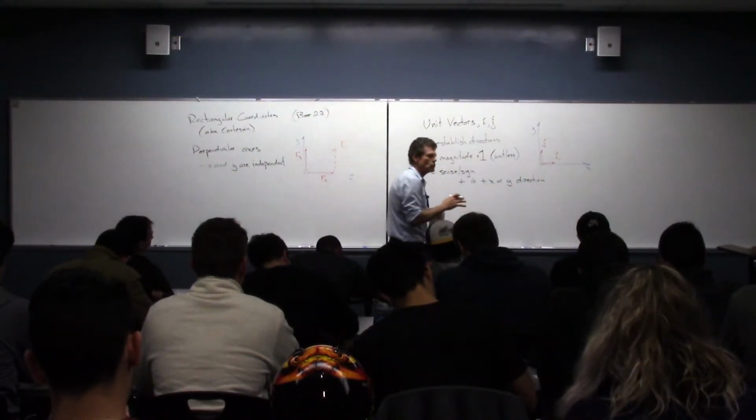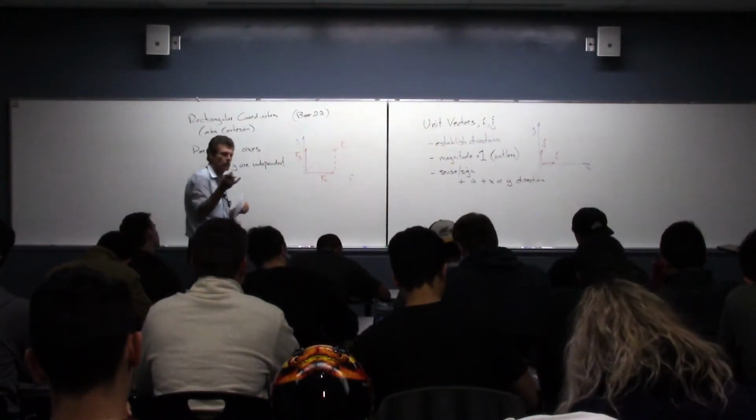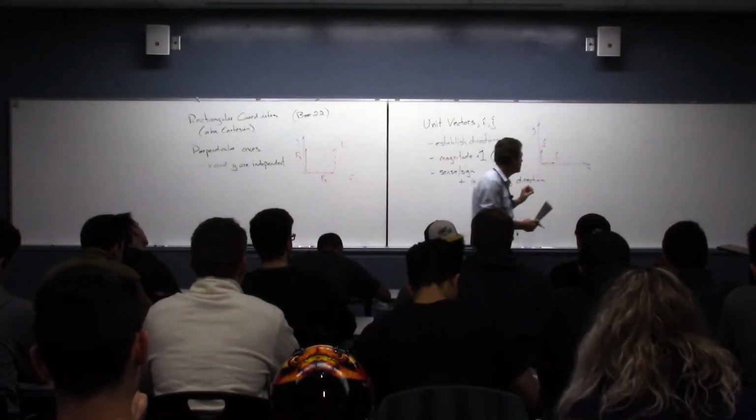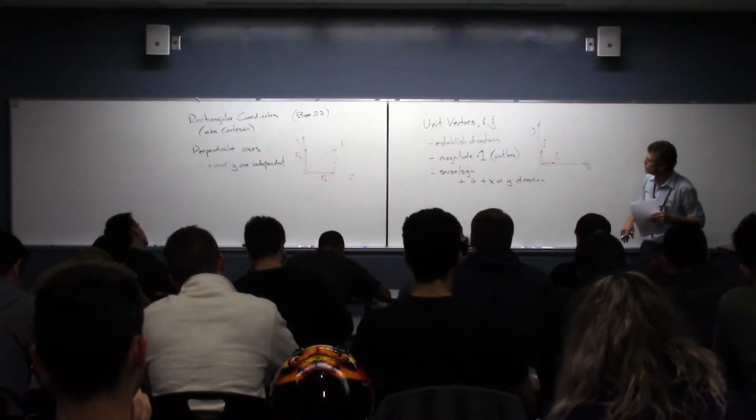The way they're established is, if you establish a positive x direction and a positive y direction, then the unit vector i hat will be pointing in the positive x direction, and the unit vector j hat will be pointing in the positive y direction.